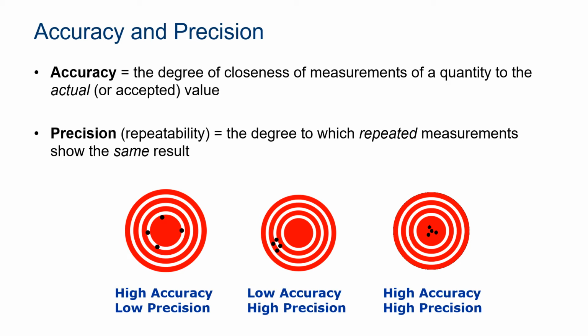The second target shows that the repeated measurements are close together, so the precision is high, but the center of the measurements is not close to the actual value of the quantity. What should the target look like if the measurement is both highly accurate and highly precise? This third target shows both precision, because the measurements are close together, and accuracy, because the center of the measurements is close to the target value.